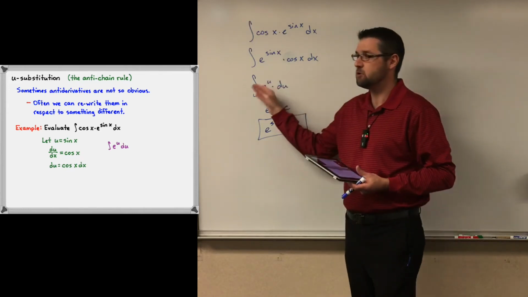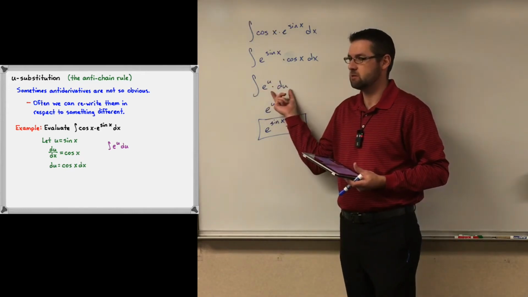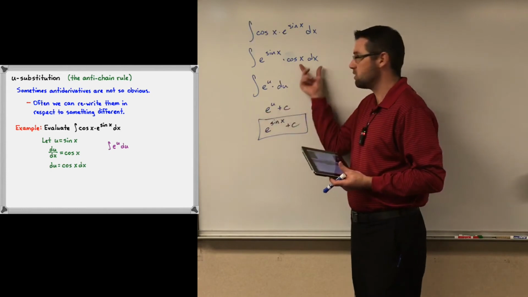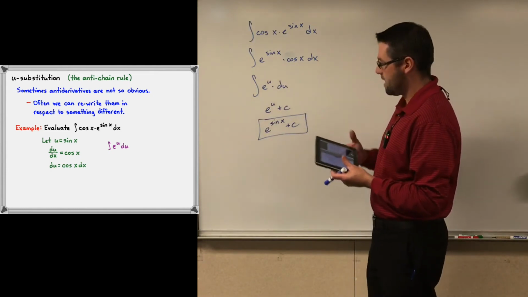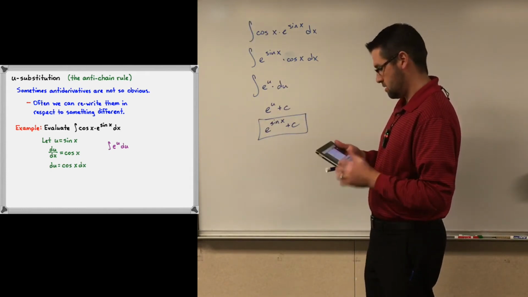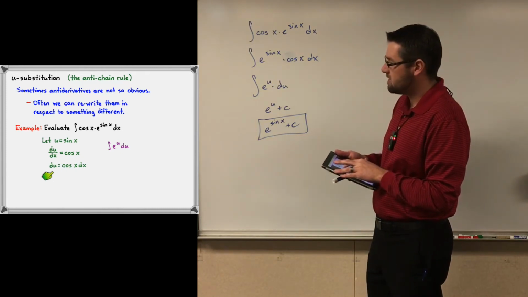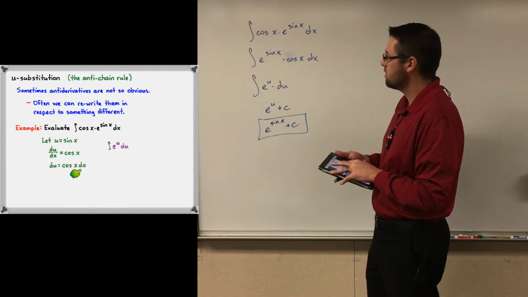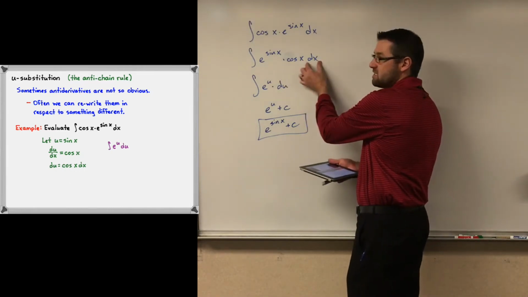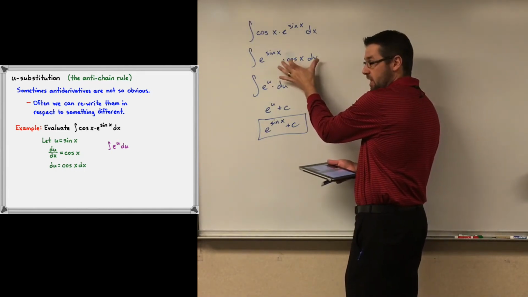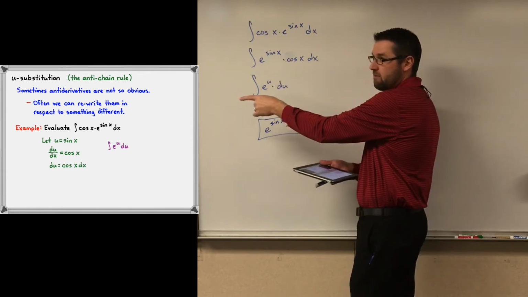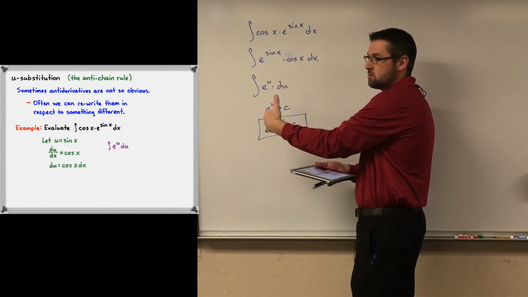When you take the antiderivative, the du disappears. It's gone. This one up here? Okay, so go back. I hear what you're saying. I see it. So you see here, I've got du equals cosine of x dx. Well, here, this is cosine of x dx. I'm replacing cosine of x dx with what value? Just du.